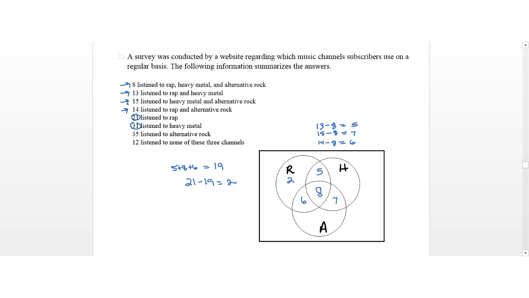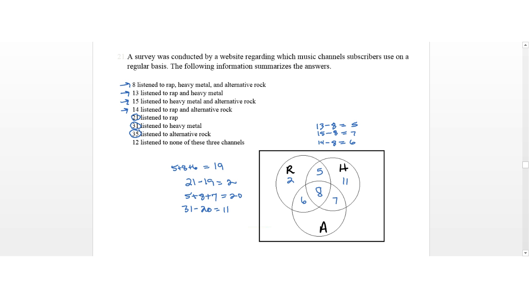We have 31 listened to heavy metal, but out of the listeners for heavy metal, we already see that we have 5 plus 8 plus 7, which equals 20. So we'll have to subtract 20 from 31, and that leaves us with the 11 that's left over.